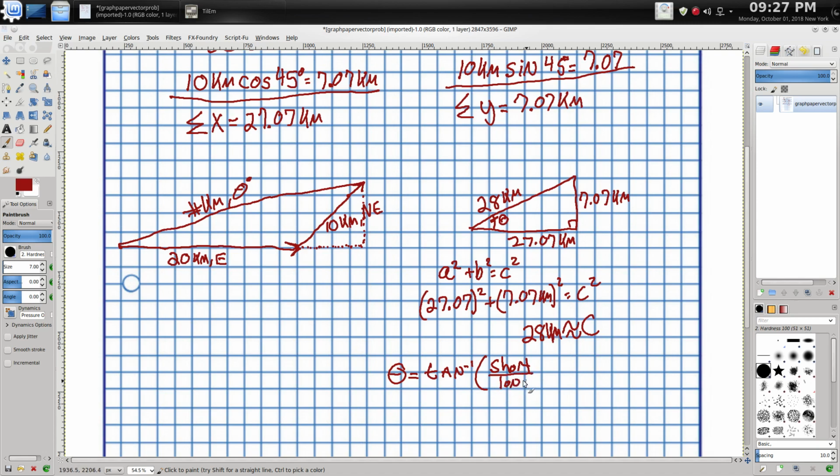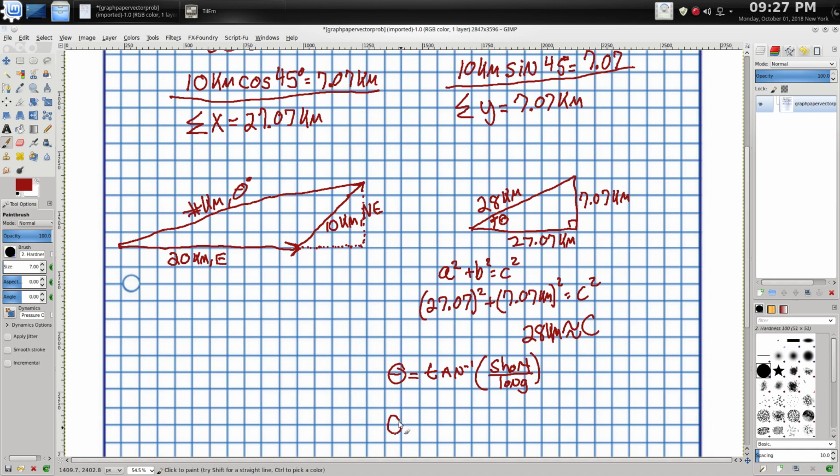Some of you may say Oscar has a heap of apples, which is opposite over adjacent. That's fine. Whichever one you want to use is fine. The reason why it's short over long, though, is if you will always start out drawing the longest vector first, then the shortest, then you can always use short over long.